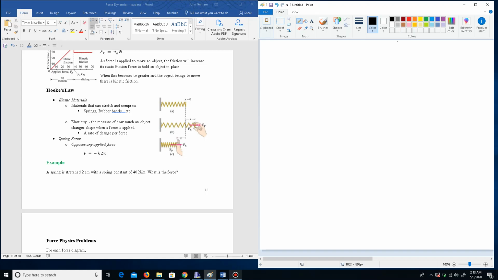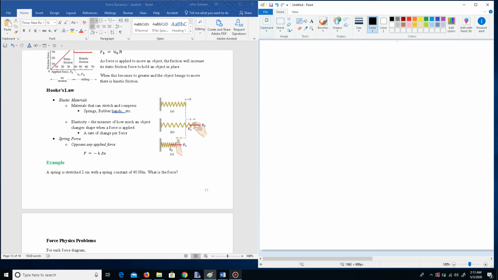So the spring force opposes any applied force, and we write this as F equals negative k delta x. Well, k is the measure of elasticity, so it's the measure of how much an object's shape changes when a force is applied. Basically, it's a rate of change per force. So force is negative k times your change in distance.